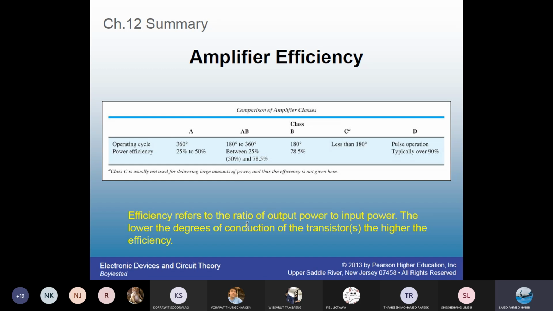Class B, you can get 78.5%. D, typically over 90%. What is the efficiency? It is output power divided by input power, and you express in percent, so you multiply this ratio by 100. Usually there will never be more output power than input power. You get a fraction and then you will multiply that by 100 to get the percentage value.